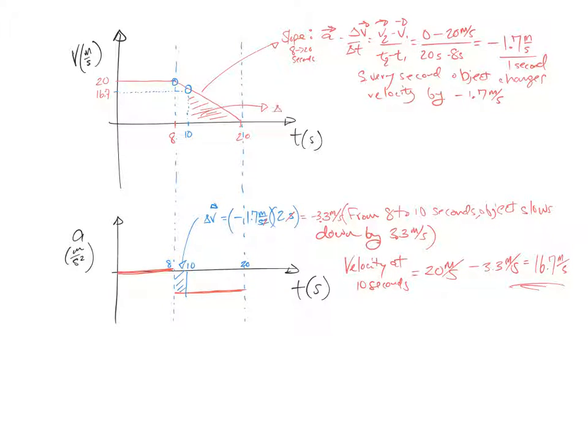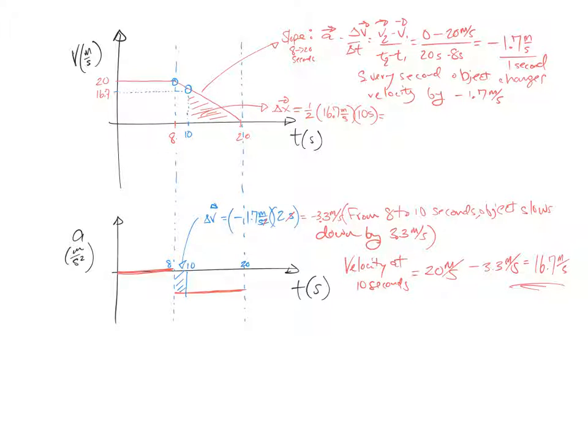So that displacement is going to be 1/2, since it's a triangle, right, times 16.7 meters per second times 10 seconds, 10 to 20 seconds, so that's 10 seconds. That's the base of that triangle.